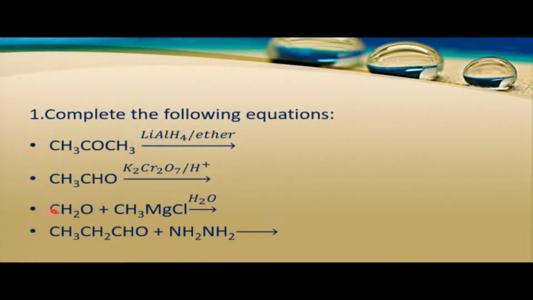But when they react with methanol, this compound, we always produce primary alcohols. So the compound we produce is CH3CH2OH. That is the product we get.